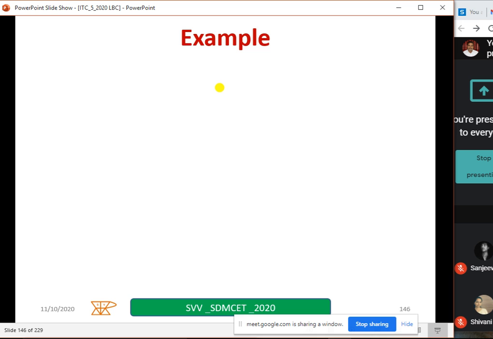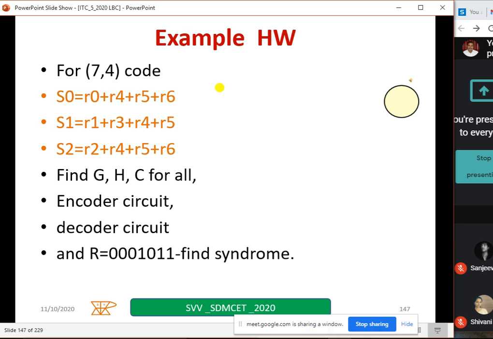Take another example. For a 7/4 linear block code, because the chapter name is linear block code. S0 equals R0 plus R4 plus R5 plus R6.